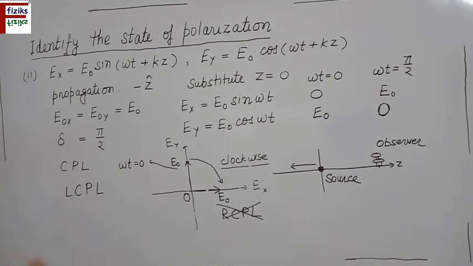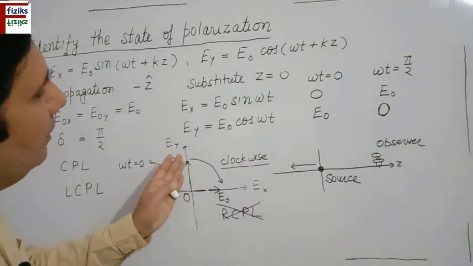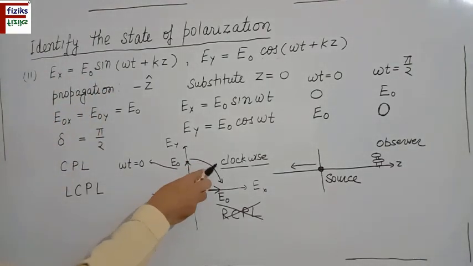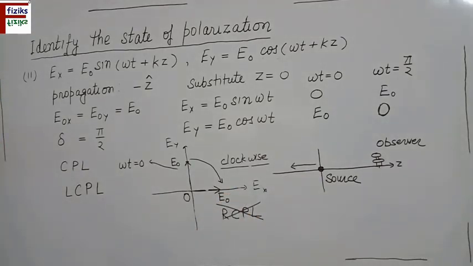In another case, if the electric vector was rotating anti-clockwise, it will become right circularly polarized light. So in the case when light is propagating in minus z direction, the polarization will be opposite to what we are observing on the EX, EY plane. So in this case, this will be left circularly polarized light.